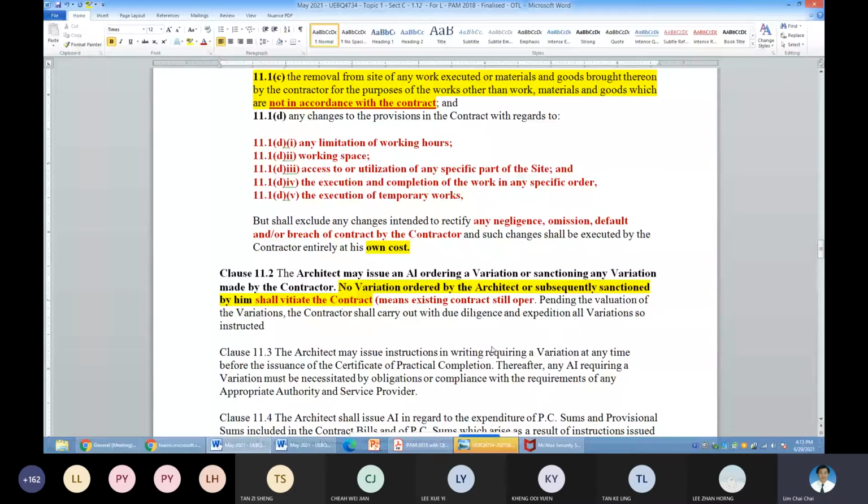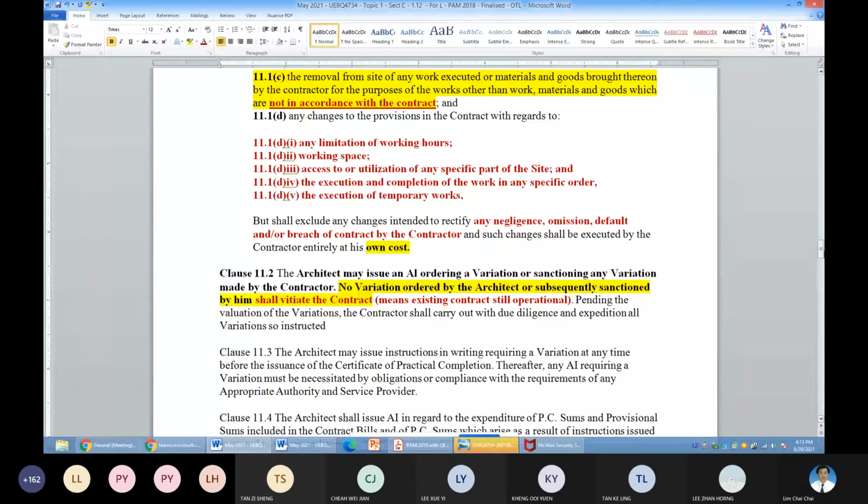Without this, each time a variation is issued, even if valid, the existing contract would have to be revised. So with this, it means we are already aware from day one that there will be a lot of changes and those changes won't affect the existing contract. So this is your clause 11.2.